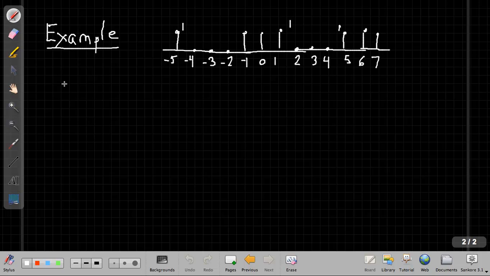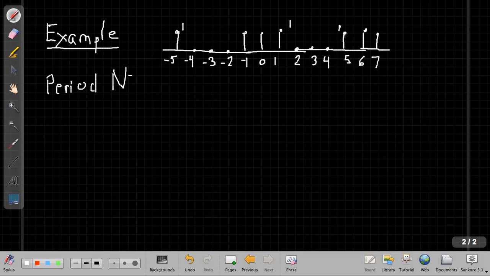So again, the first thing we need to do is identify the period. As we look at this, it repeats every 6 samples, right? I have a period of 6 here. I only use the discrete Fourier series with a periodic signal.